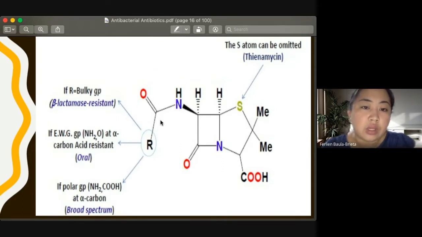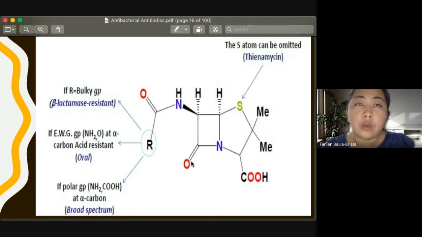And then this one here is constant to all penicillins also. This is helpful for our penetration. Double bonds are non-polar, so that will equalize our polar structures here.